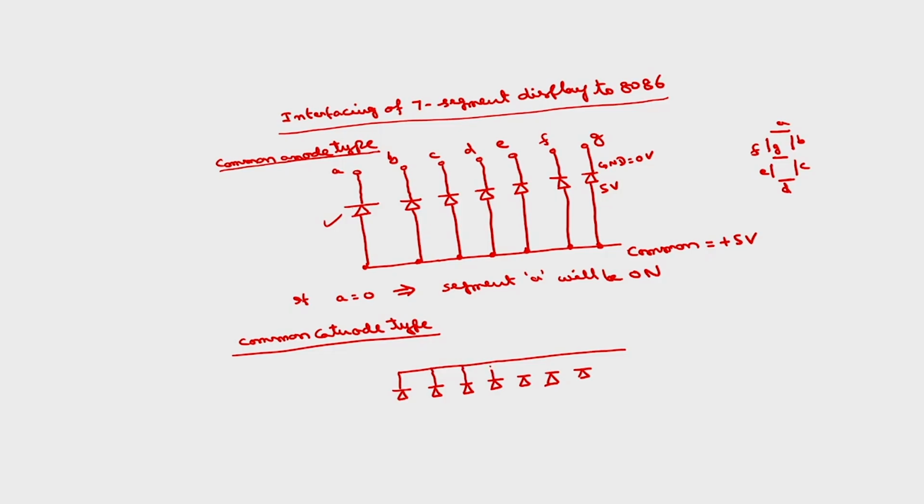Then for the anodes, to glow a particular segment, you have to connect logic 1 or plus 5 volts. This is the common point, which has to be connected to plus 5 volts or logic 1.